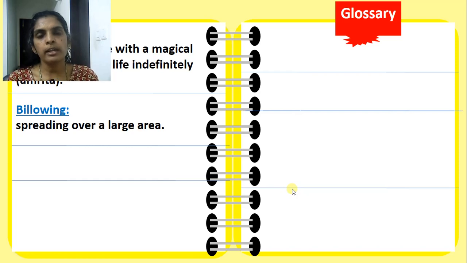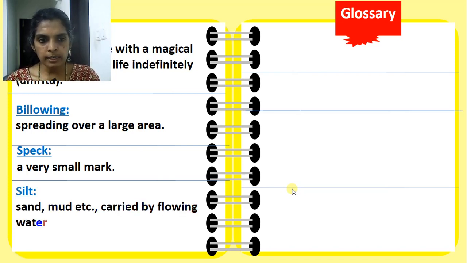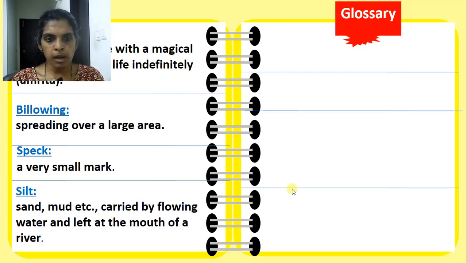If a person drinks Amrita, he will live forever. That is called elixir. Billowing, spreading over a large area. Speck, a very small mark. Silt, sand, mud, etc. carried by flowing water and left at the mouth of a river.